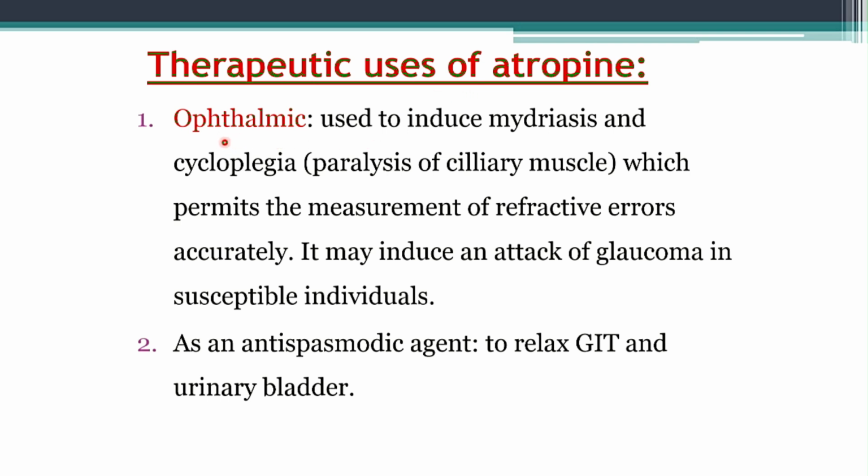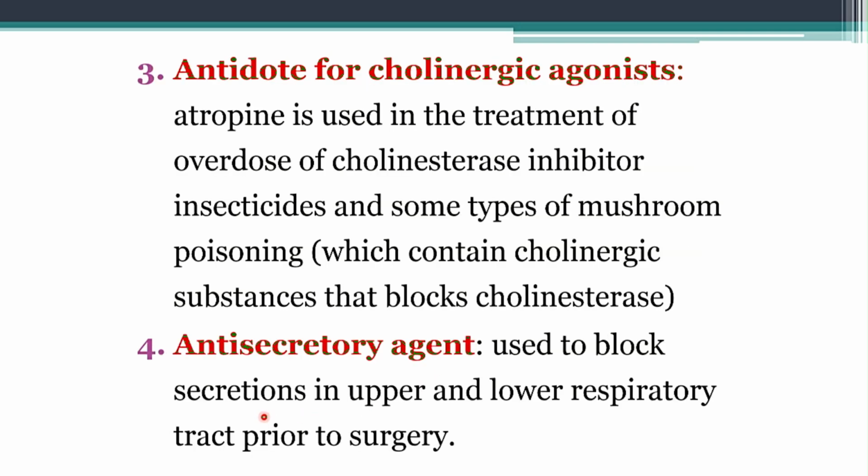First, ophthalmic uses. It is used to induce mydriasis and cycloplegia, that is paralysis of the ciliary muscle, which permits accurate measurement of refractive errors. It may induce an attack of glaucoma in susceptible individuals. The second therapeutic use: atropine is used as an antispasmodic agent to relax the GI tract and urinary bladder.